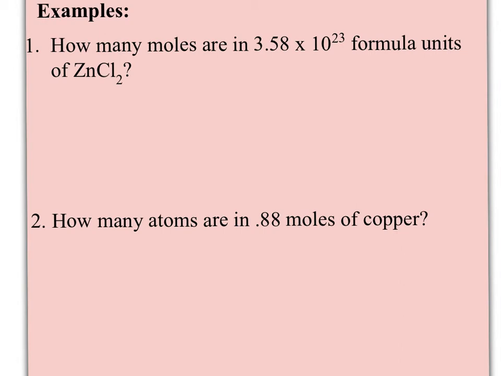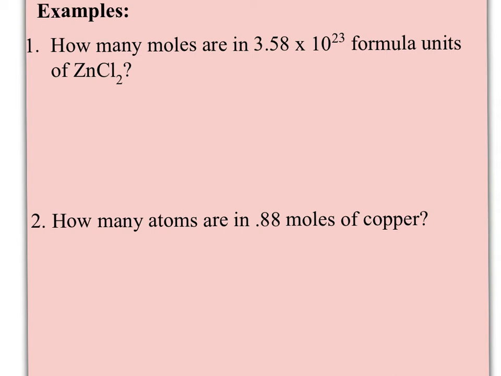My second example, how many atoms are in 0.88 moles? Again, I write down what I have, 0.88 moles, and what I want, atoms, which is a type of particle. So now I need to set up with my atoms on top, moles on the bottom. So now Avogadro's number goes on top, 6.02 times 10 to the 23rd atoms over 1 mole.